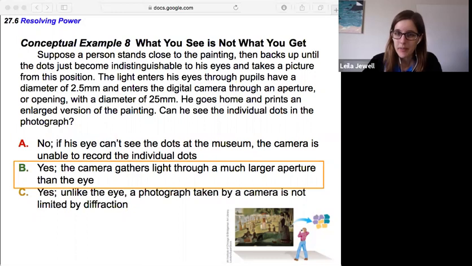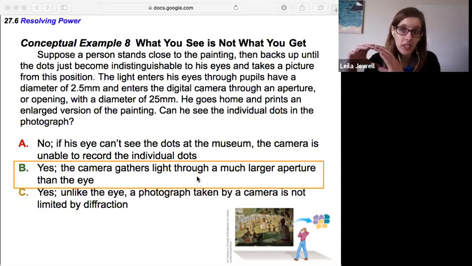So it is B. The camera and your eye are very different in how they take things in, so they can see different things. So that's why it's not A. The camera, though, is still limited by diffraction, so it's not C either. And the key is that the camera, though it's limited by diffraction, has a much larger opening.